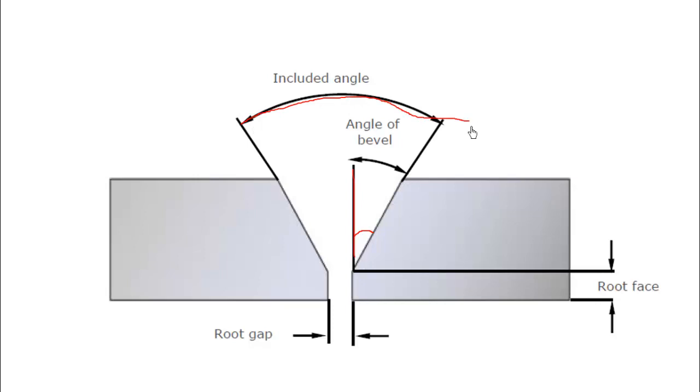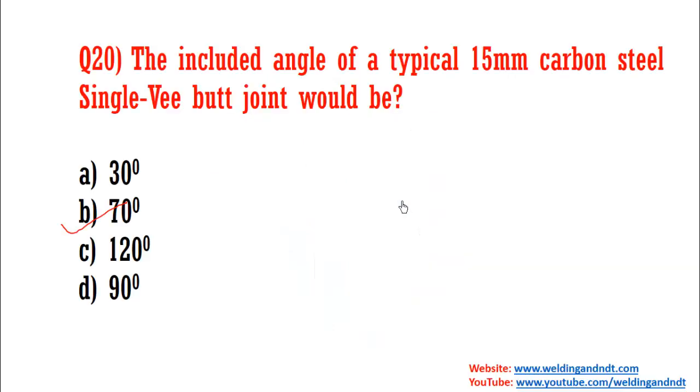We can sum up these two angles and call it the included angle, and it should be 70 degrees. Hence the bevel angle should be 35 degrees on both sides, and the included angle will be 70 degrees. So option B is the correct answer.